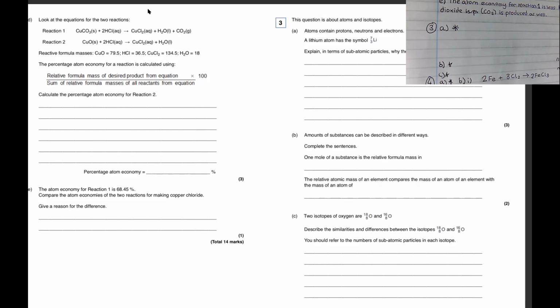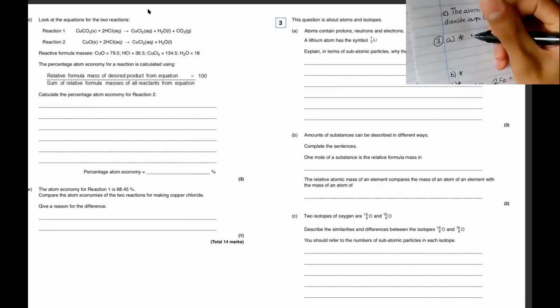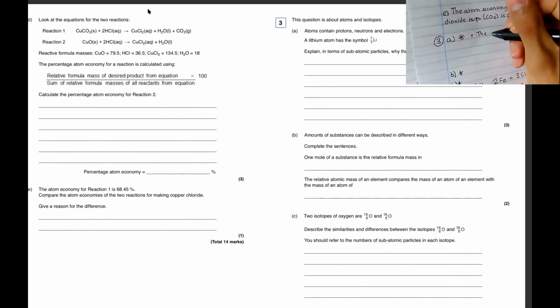Number 2, protons and neutrons live in the nucleus. They have a relative mass of 1, whereas electrons have a mass of nearly 0. The mass is concentrated in the nucleus.